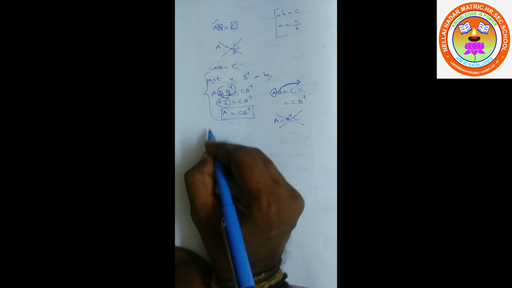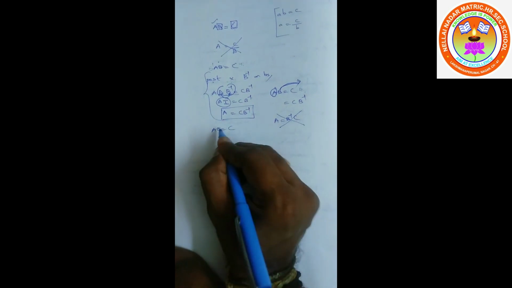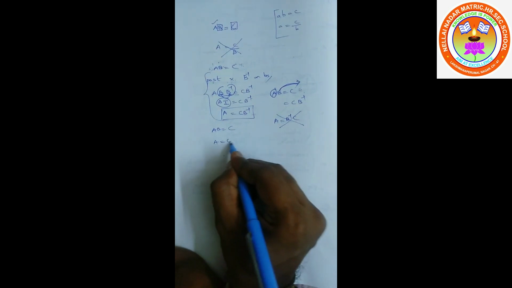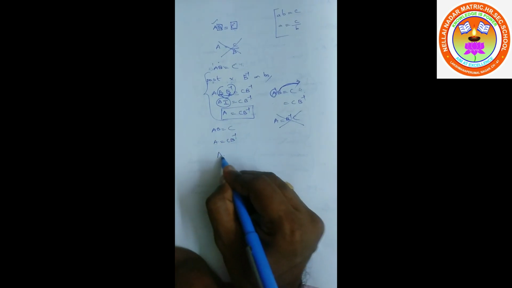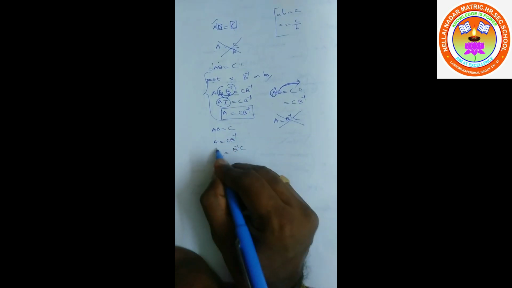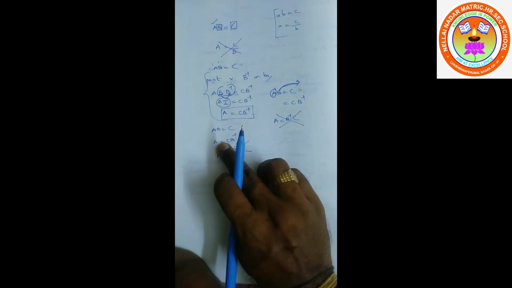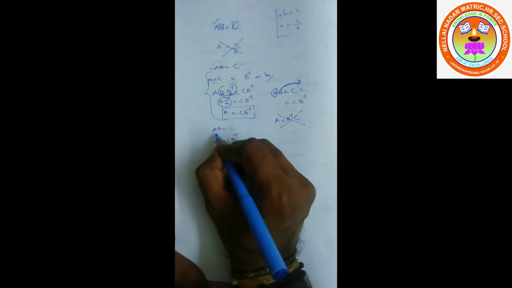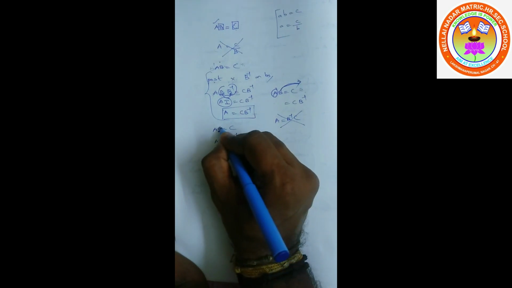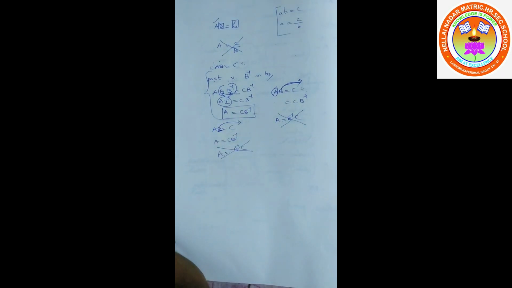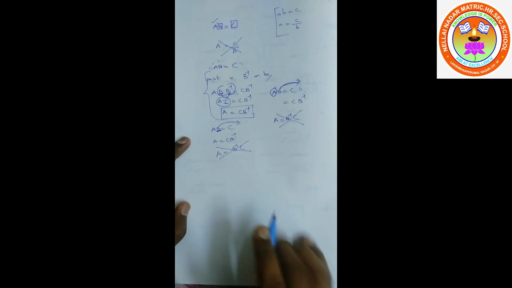We need to post multiply because B into B inverse is the only useful one for us. So if AB is equal to C and I need to find A, it is C into B inverse. You should not write A is equal to B inverse C. This is wrong; B inverse should not be present here. Otherwise, remember that B is present last, so B must move last.